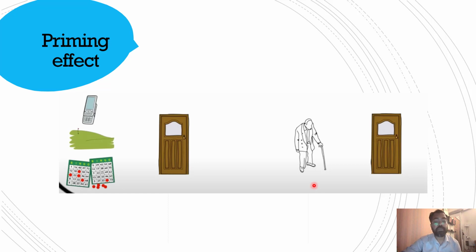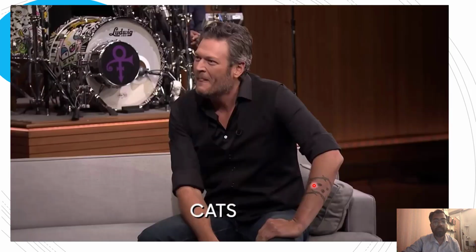I'll give you an example of this priming effect in a video. In this video, a comedian, Jimmy Fallon, plays dumb charades with a celebrity whom I do not know, and the word which he's trying to explain is cats, and I believe that's a movie.